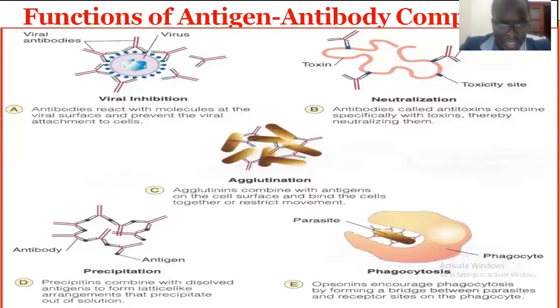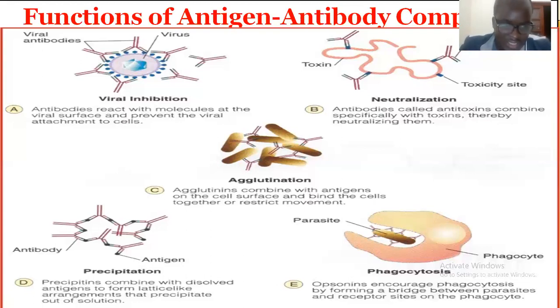Then precipitation. The antibodies are also able to bind to antigens that are dissolved in fluids, plasma, or interstitial fluid, whatever it is. So the antibodies will go and bind to those dissolved antigens, then they'll precipitate them. So there'll be a precipitation reaction because of the antibodies binding to dissolved antigens.